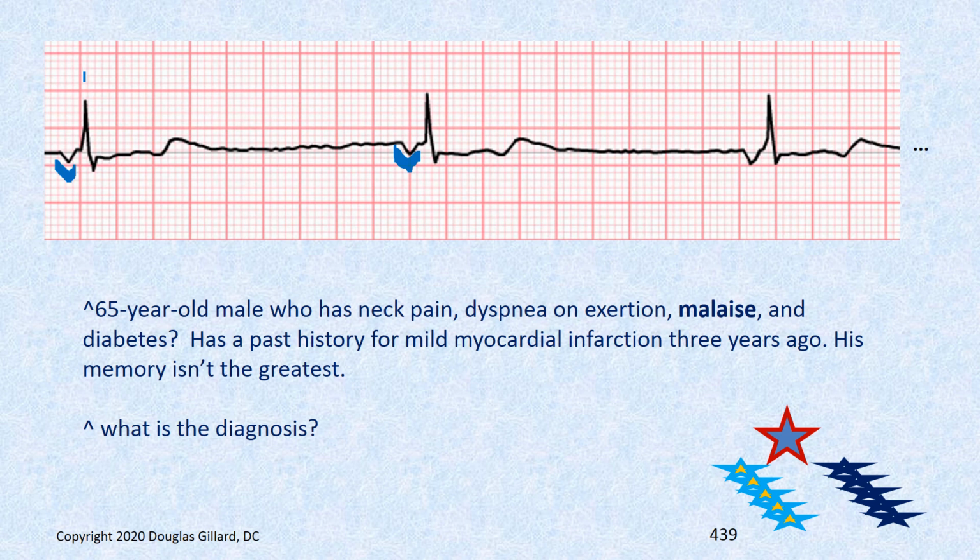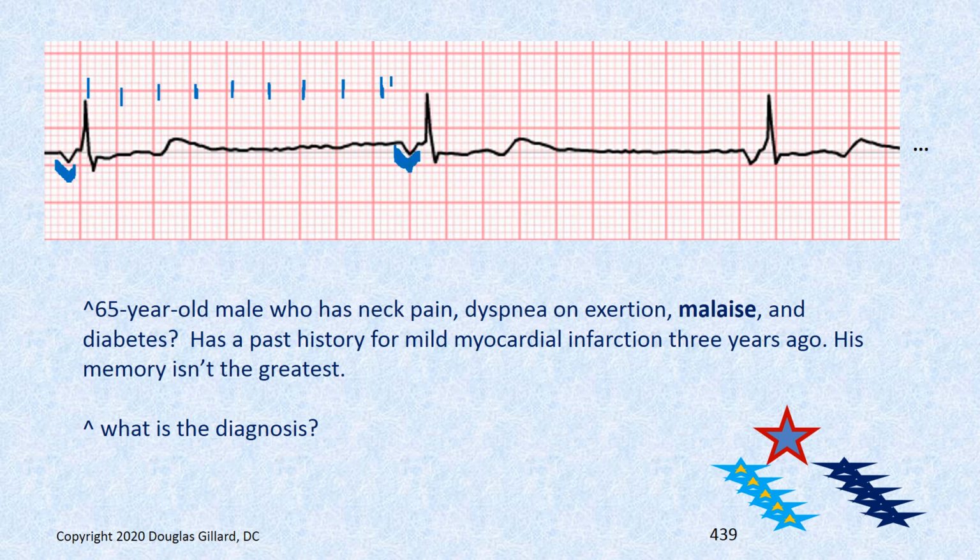What is the heart rate on this guy? We'd start right here at this box: 300, 150, 100, 75, 60, 50, 43, 37. It's slow, under 40.